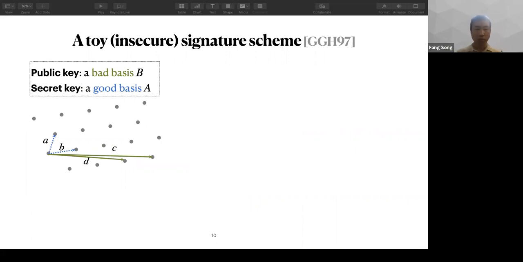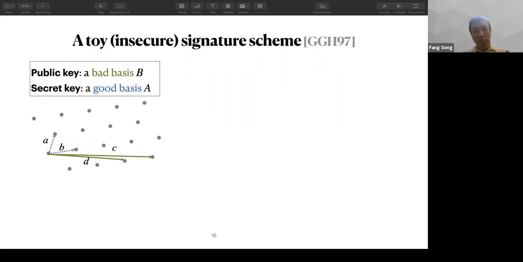for constructing crypto, let's look at this toy example, which is a digital signature scheme. Okay, so what we do here is we would generate a lattice together with a good basis, and this good basis will be the secret key.